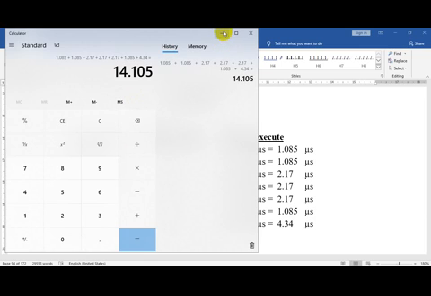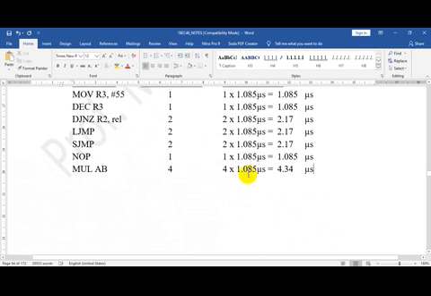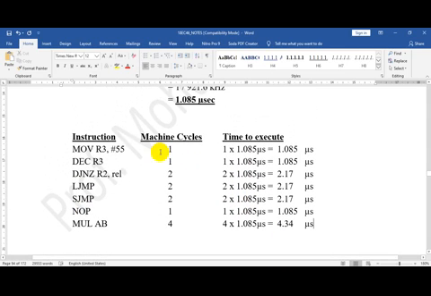In total, this entire code takes 14.105 microseconds. That's how you calculate the time taken by these instructions.